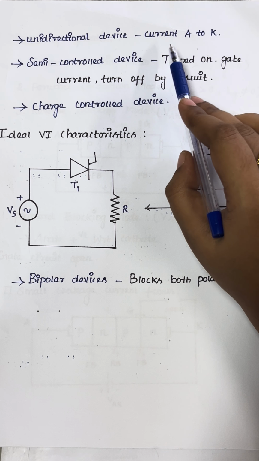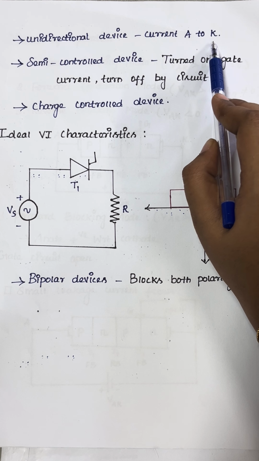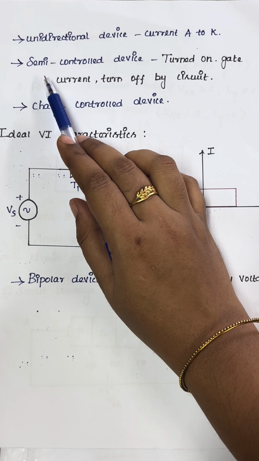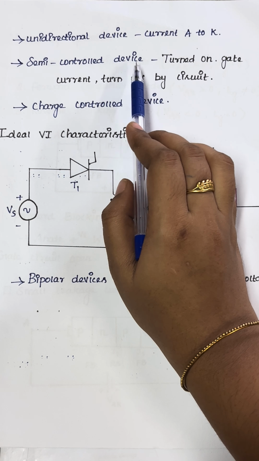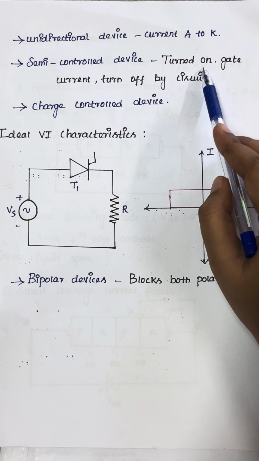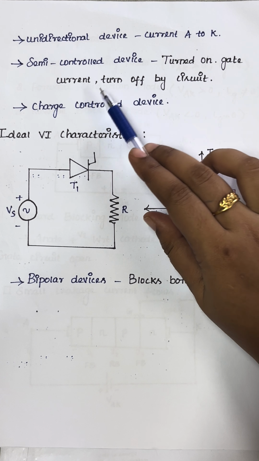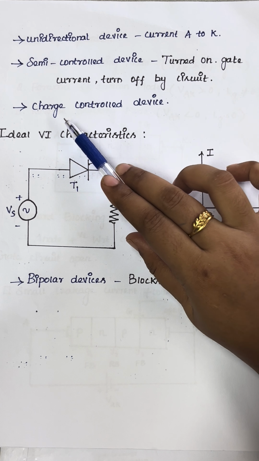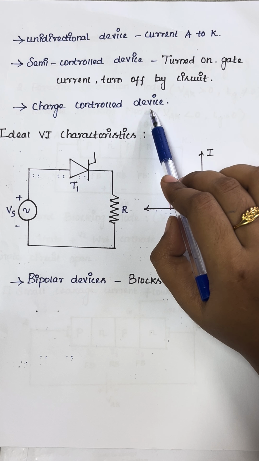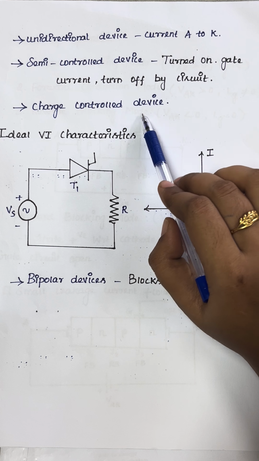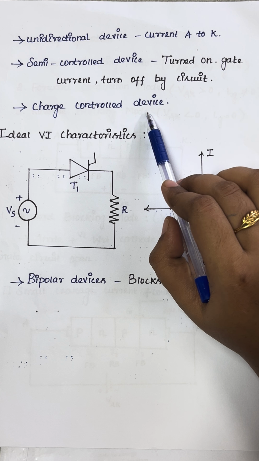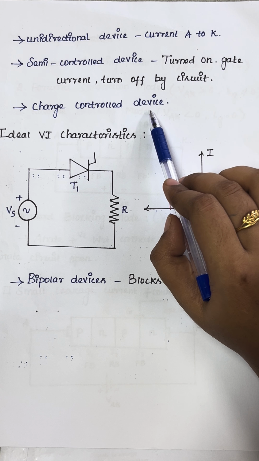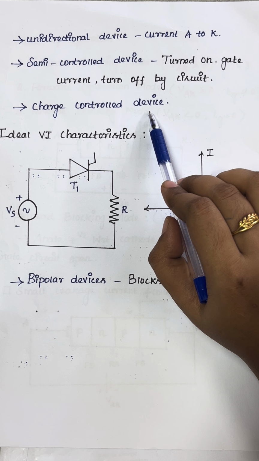That means the current flows from anode to cathode, and it is a semi-controlled device. You can turn on the SCR using the gate current and turn it off by an external circuit. It is also called a charge controlled device. Why it is a charge controlled device: you can control this device by the magnitude of the charge you apply to the gate.